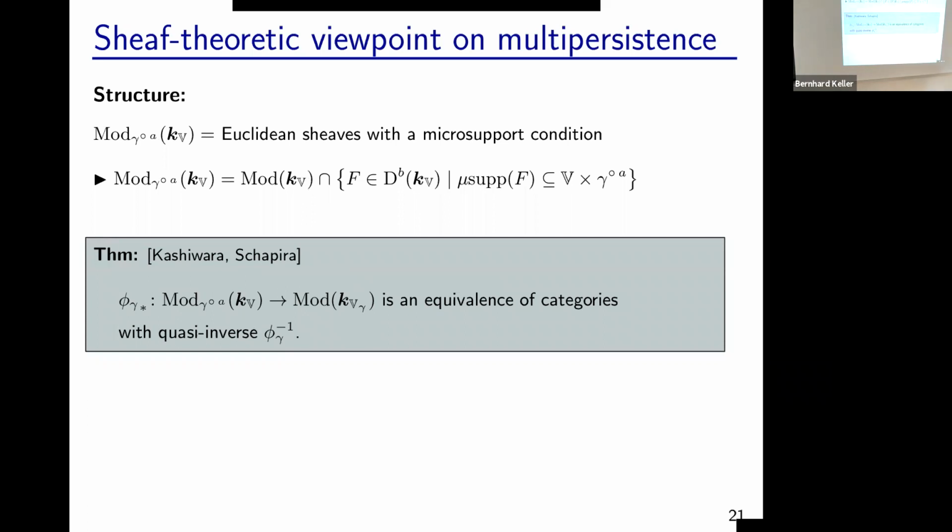The polar of the antipodal of the cone are the linear forms that vanish over the antipodal of the cone. And so here again, there is an equivalence of categories between those Euclidean sheaves with a condition on the microsupport and the gamma sheaves.